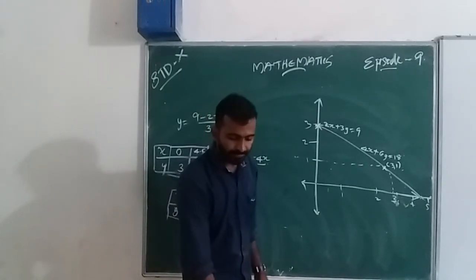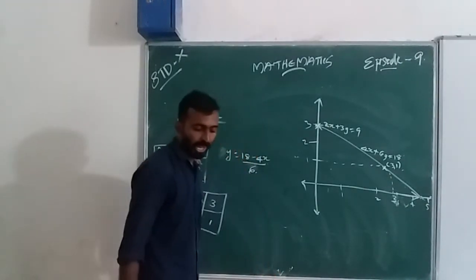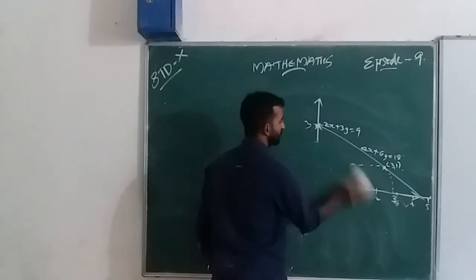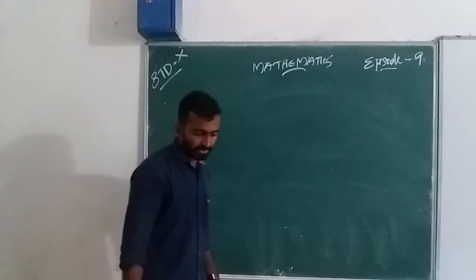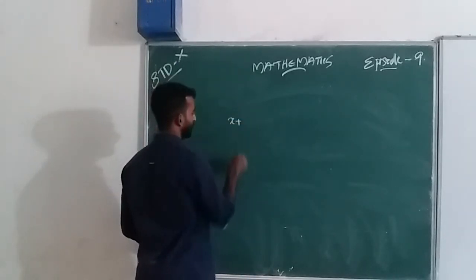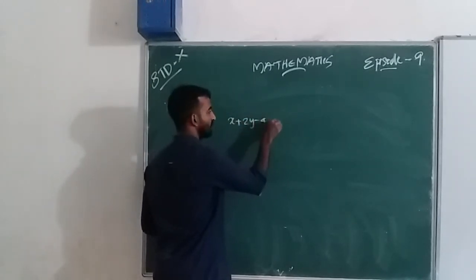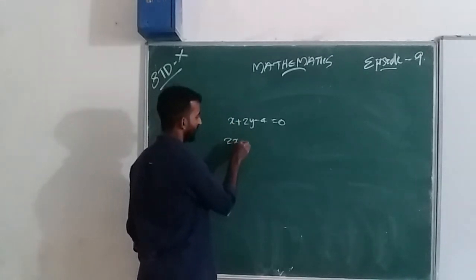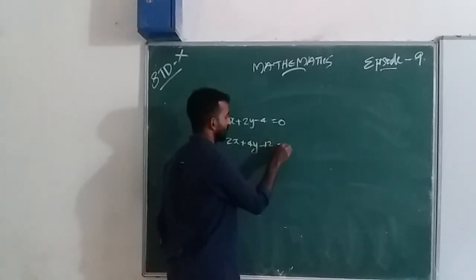Another example: two rails are represented by the equations x plus 2y minus 4 equal to 0, that is x plus 2y equal to 4, and the next is 2x plus 4y minus 12 equal to 0.